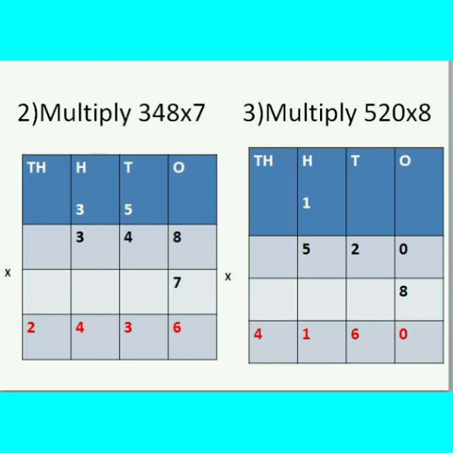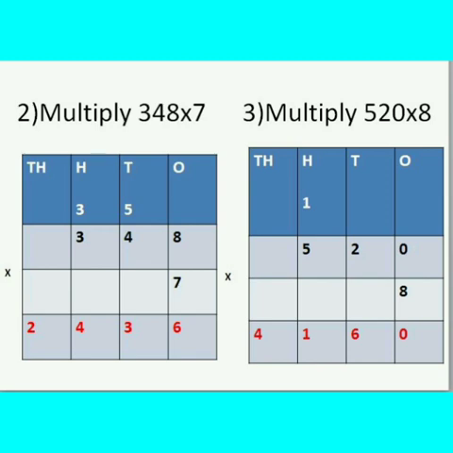So write 3 in tens column and carry 3 in hundreds. Next, 7 multiplied by 3 gives 21. Next, 21 is added with 3, we are getting 24. So when 348 is multiplied by 7, we are getting 2436 as the product.